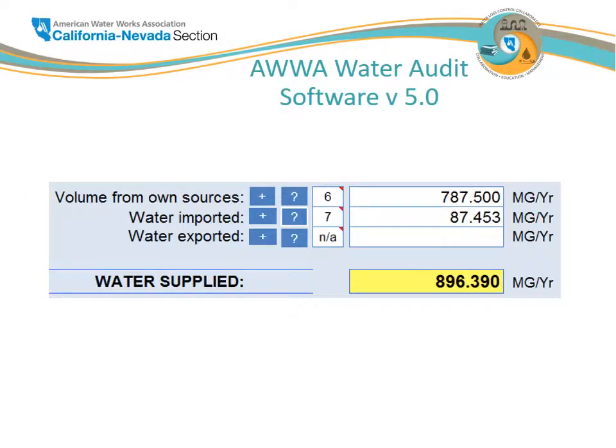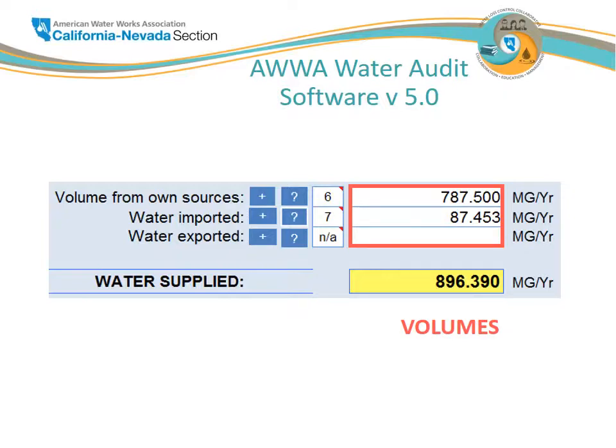Here's a zoomed in portion of some of that reporting worksheet. This is the water supplied portion, where you're asked for the volume of your own sources, the water that you import, and the water that you export. As you'll see, there are a few different components of each of those volumes, and we'll go through those now. The first component is the volume itself.